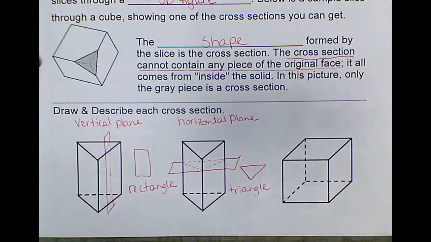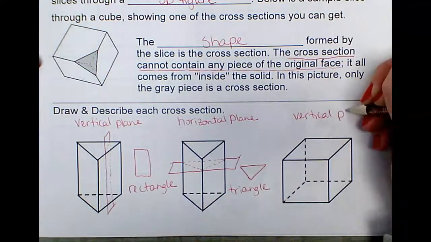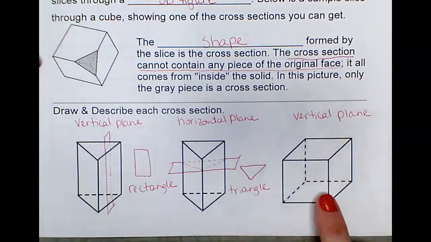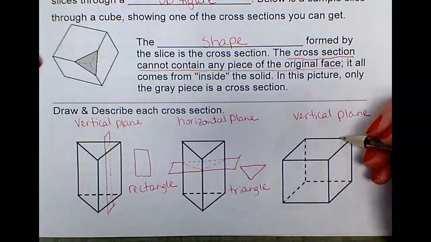Perhaps now let's do another vertical plane on this. Almost looks like a cube, but I'm not for sure if it's a cube. So we'll talk about a vertical plane slicing through and creating a cross section on this rectangular prism. So let's go ahead and draw our plane. Maybe here.